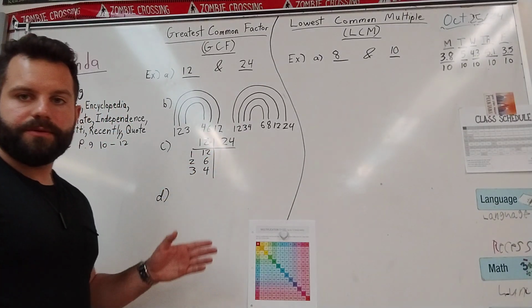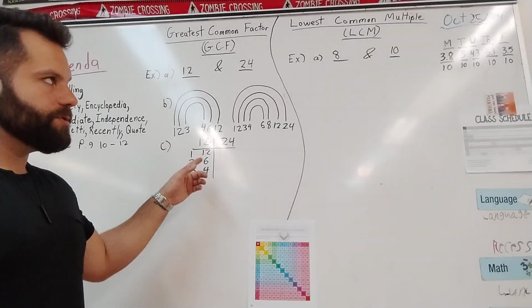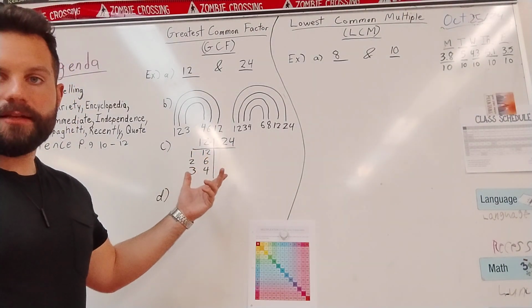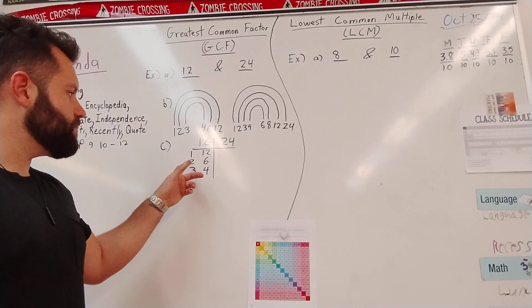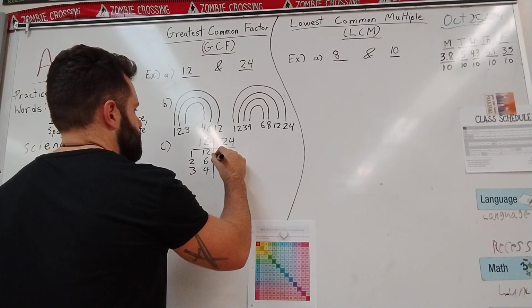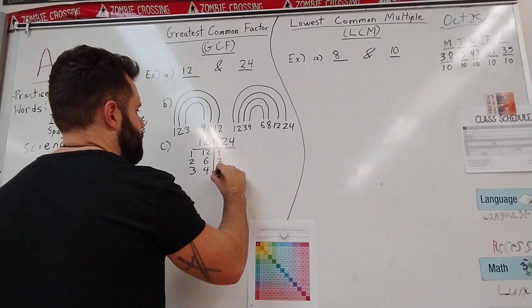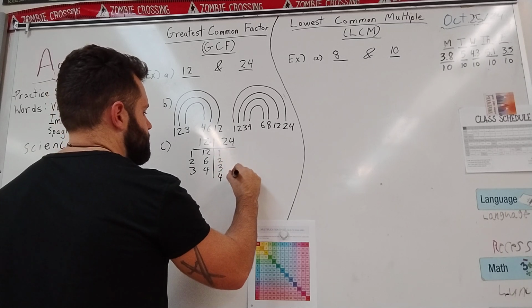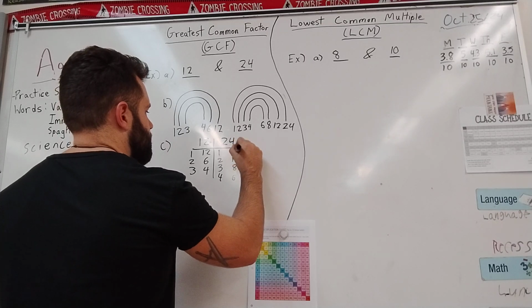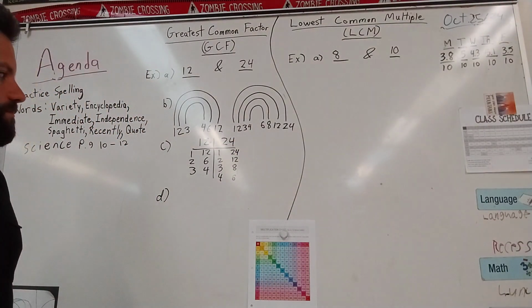I write them across from each other, the numbers that are multiplied together to get the number 12. 1 and 12, 2 and 6, 3 and 4. Then here I write 1, 2, 3, 4, 6, 8, 12, 24. These are my factors for 24.